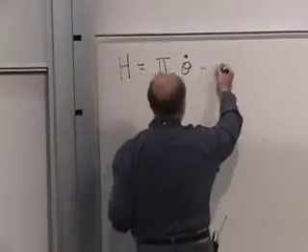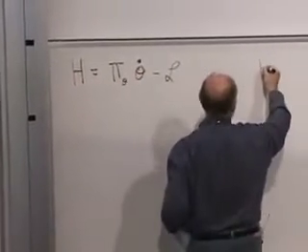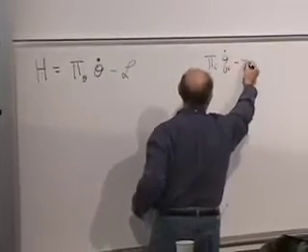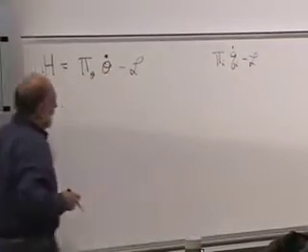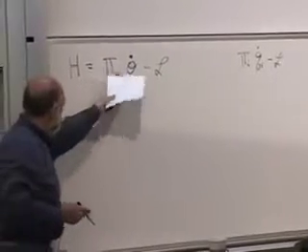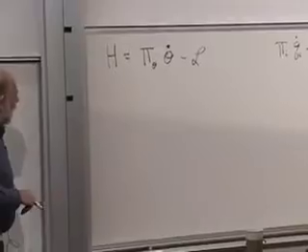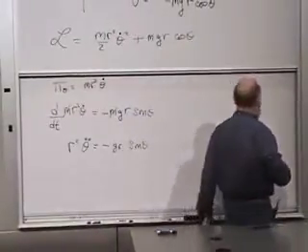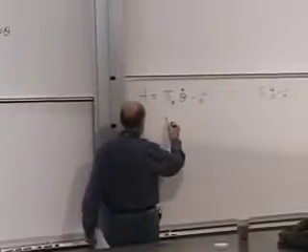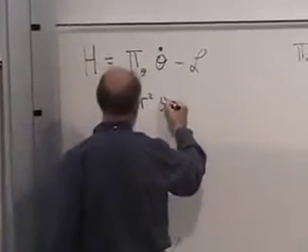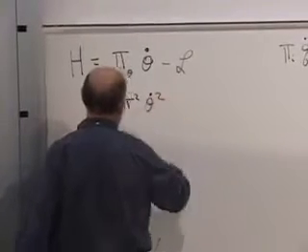Minus L. What I'm writing is pi sub i q sub i dot minus L. That's where you sum over i. But there's only one coordinate in this problem, so that's it. Pi sub theta, what's pi sub theta? Pi sub theta is mr squared theta dot. So this becomes mr squared theta dot times another theta dot squared.